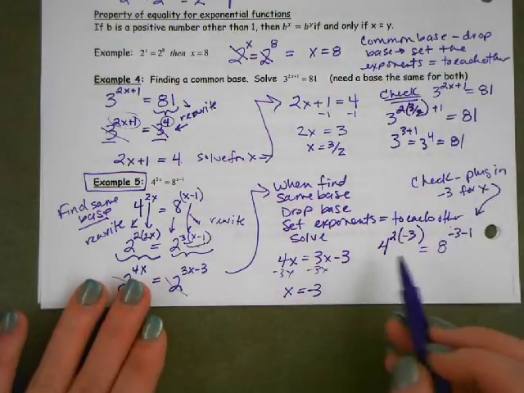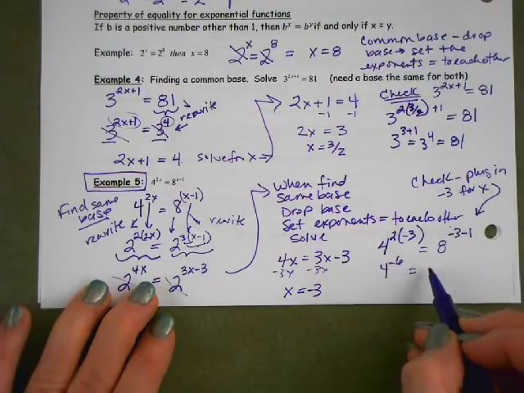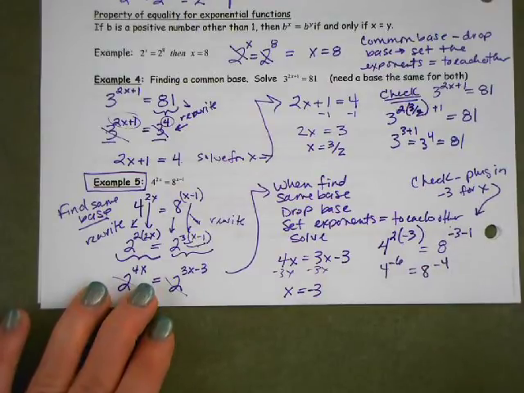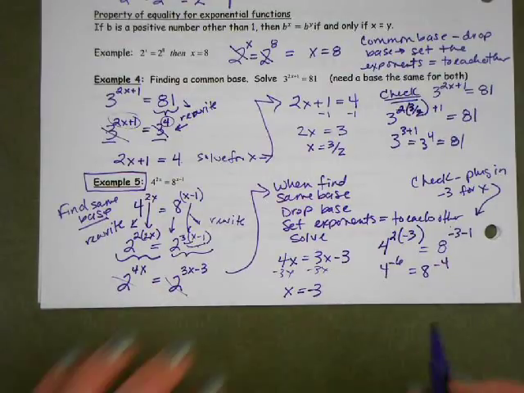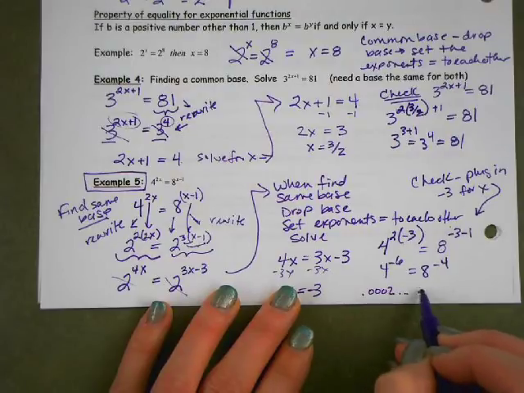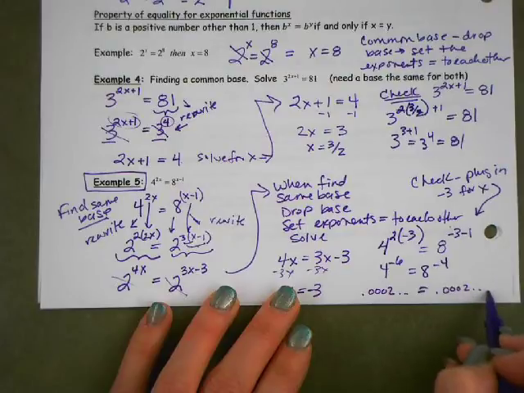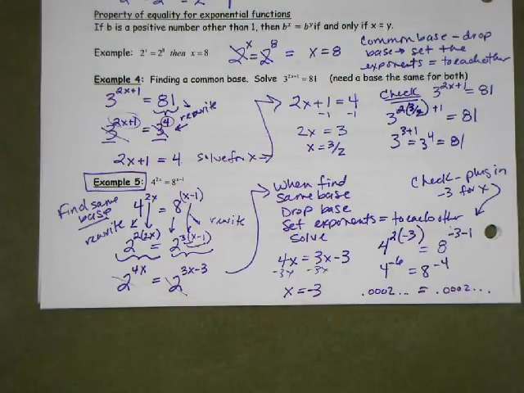Okay? So now I have 4 to the negative 6 here, and I have 8 to the negative 4 there. Okay, and when you plug that into your calculator, on the other side it's going to be 0.0002, so they will be the same.